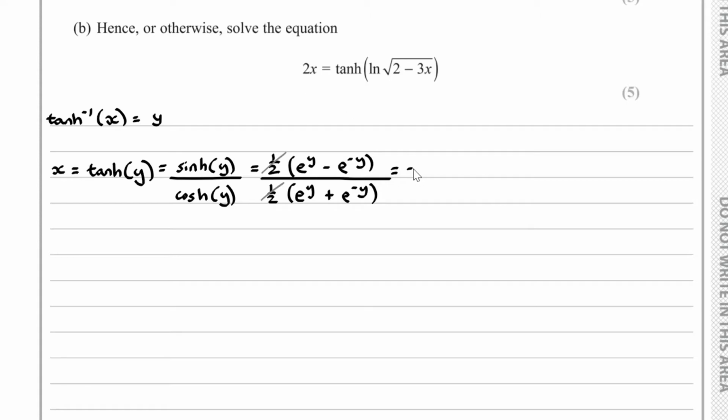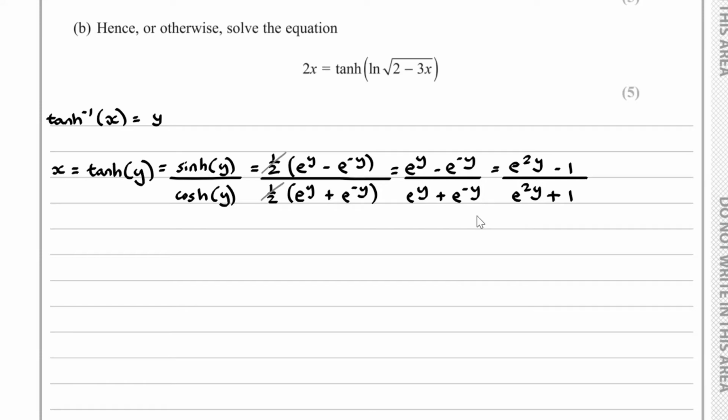So we have e to the power of y minus e to the power of minus y over e to the power of y plus e to the power of minus y. And we can rewrite this by multiplying through by e to the power of y, and therefore this is the same as e to the power of 2y minus 1 over e to the power of 2y plus 1.